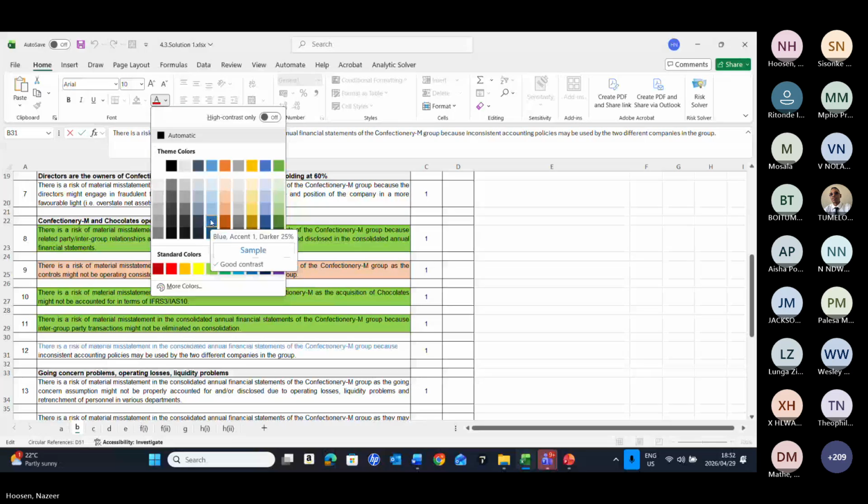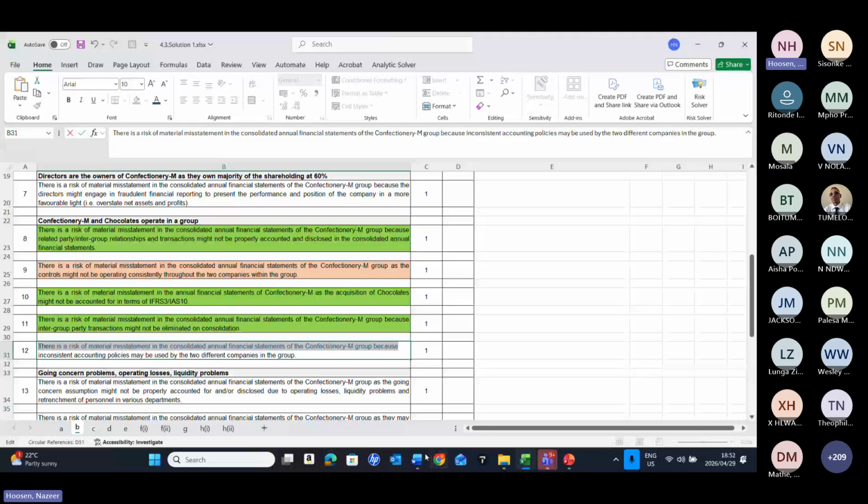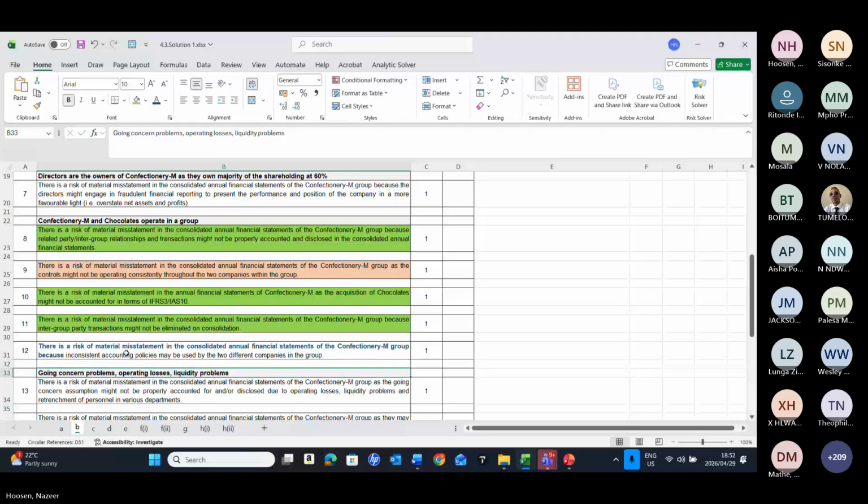Okay, I just want to emphasize something right here. You see the words that I have now highlighted in blue.